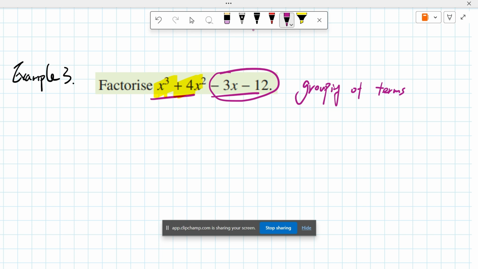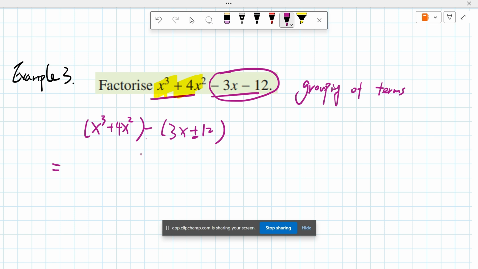So by grouping, we rewrite it as this part. Remember, if you have a bracket, you change the sign at the end if you have a minus in front.